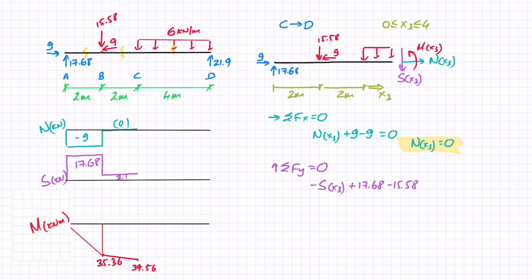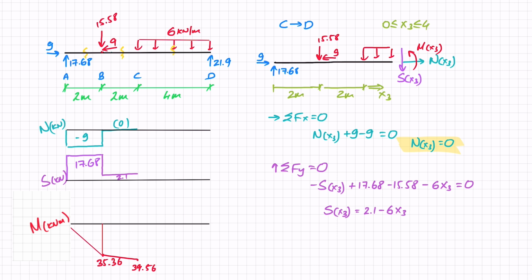So the force is going to be the area under the UDL, and in this case it's negative, right, because it's going down. So 6 is going to be the height of that rectangle, and x3 is going to be the width of that rectangle, whatever that might be, between 0 and 4. And that equals 0. So if I write that out, I find out that S x3 equals 2.1 minus 6 x3.